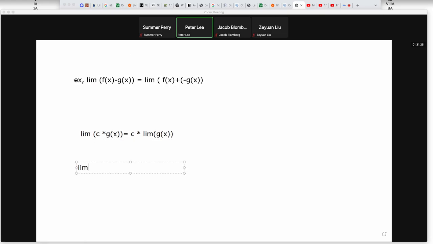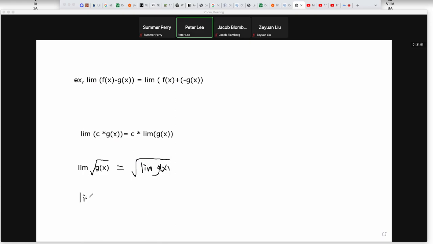If you have the limit of the square root of g of x, then this is the same as the square root of the limit of g of x. If I list all of these, there's no end. I would have to write 100 laws. I cannot do that.